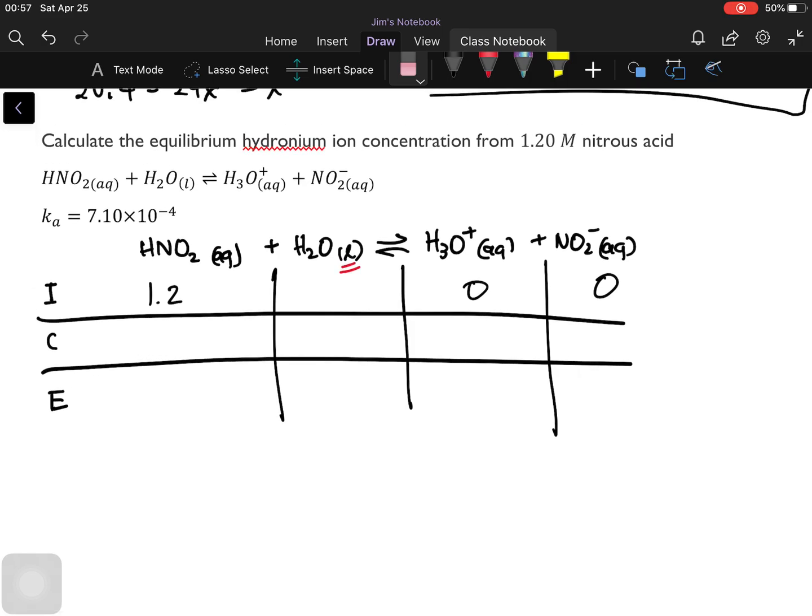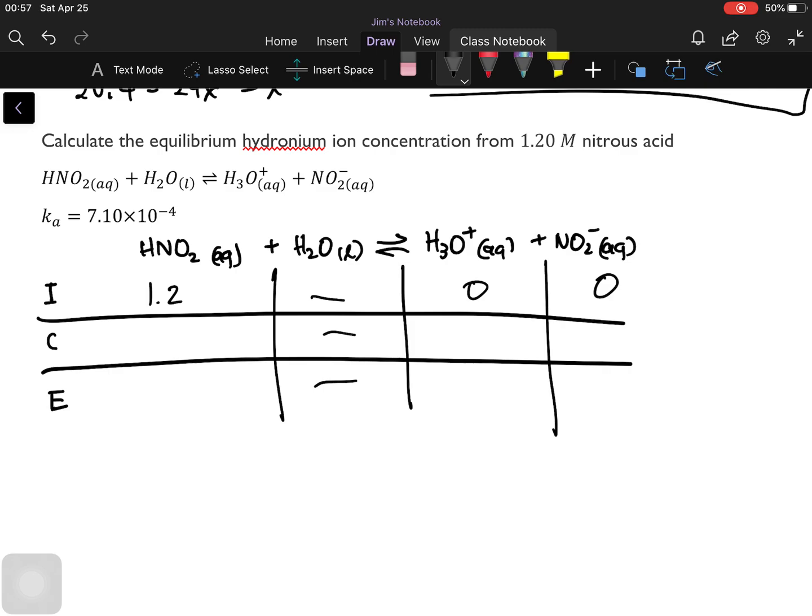That means writing information about water here is not necessary, so I'll leave that blank. After filling out the initial concentrations, we're going to use the idea of the reaction quotient. Since we do not have concentrations on the product side, it means the reaction is going to the product side.